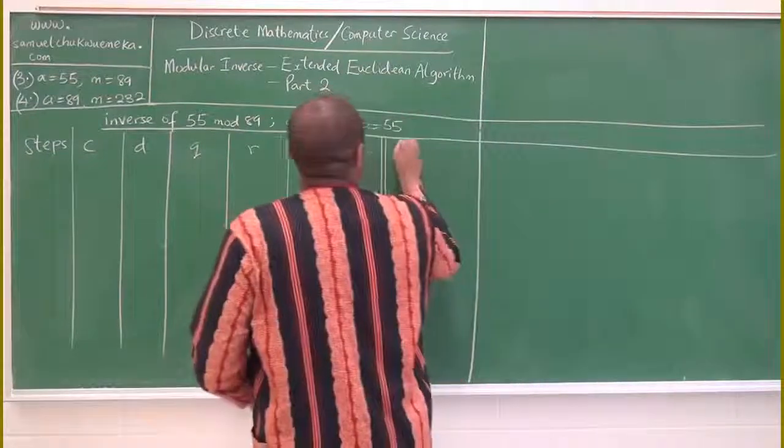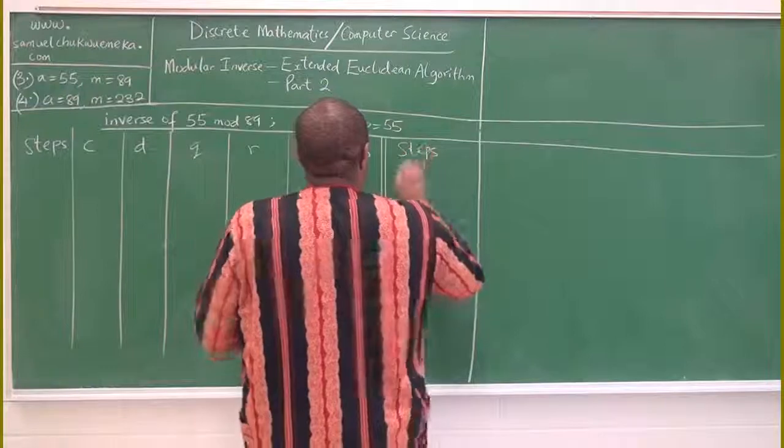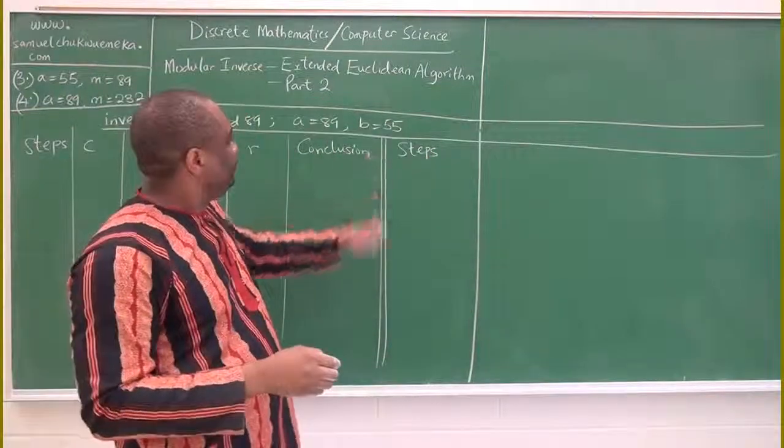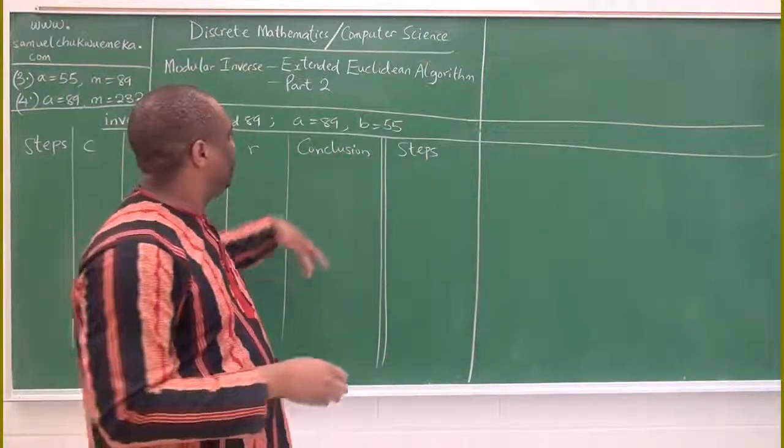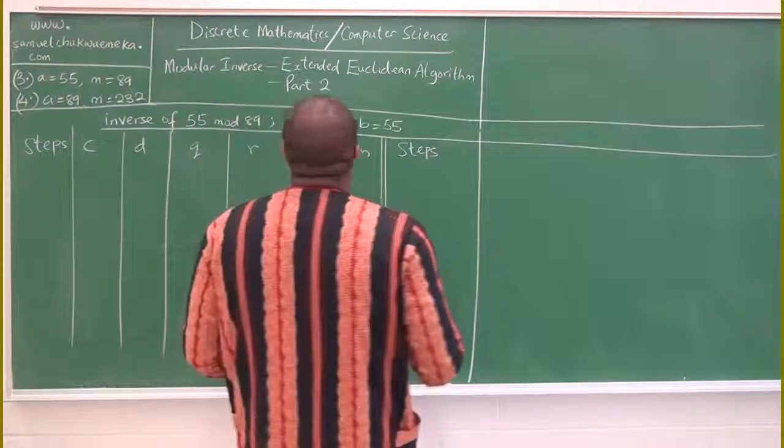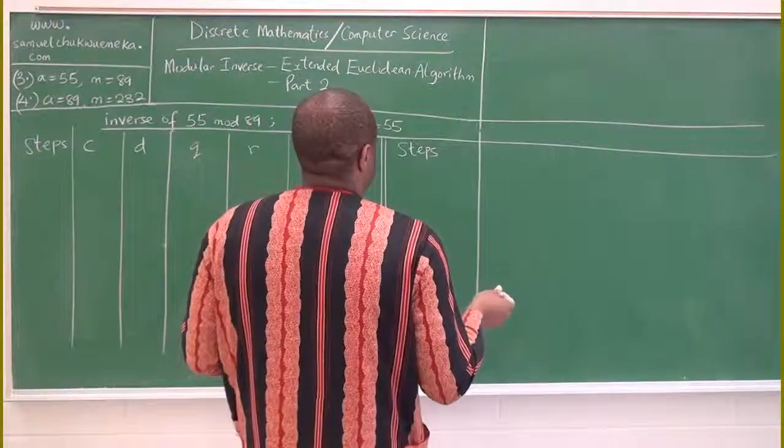We write our steps. Now, these two lines are just to separate the stuff. We might have a lot of steps, so that's why.